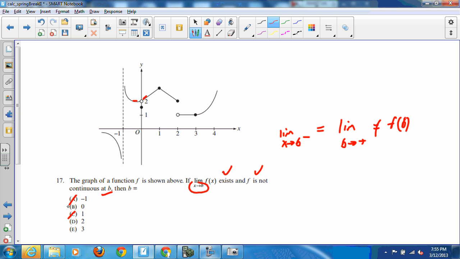So it looks like that's probably the answer. You can verify it: at 2, there is no limit, since the left doesn't match the right. And at 3, the limit and the function value are the same. So we can eliminate 2 and 3.